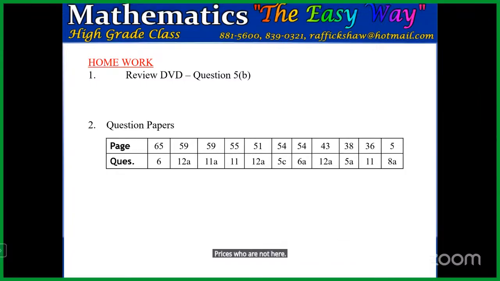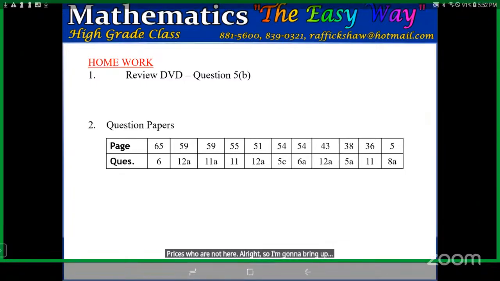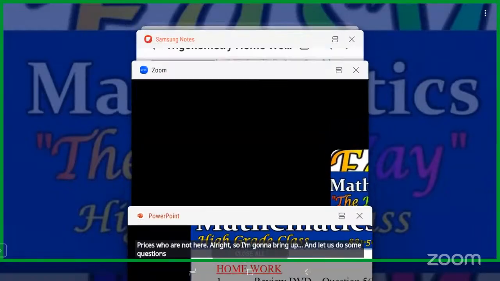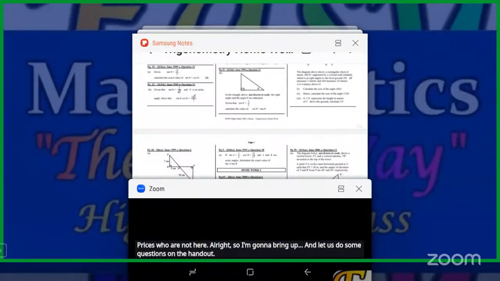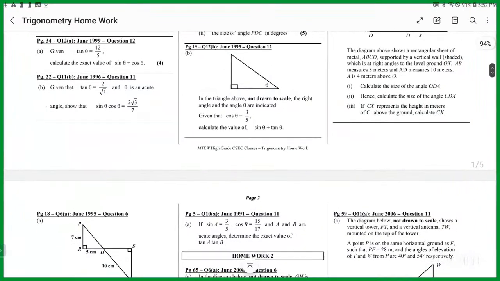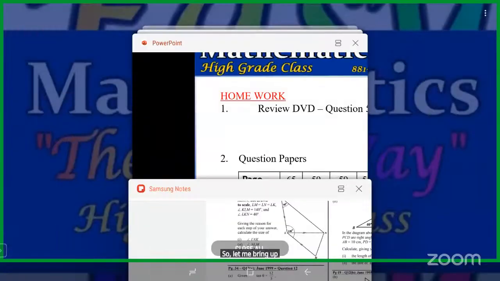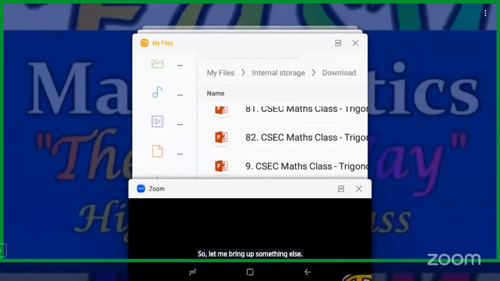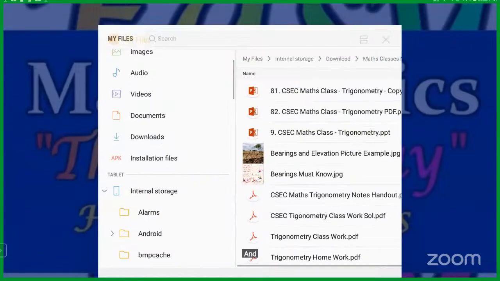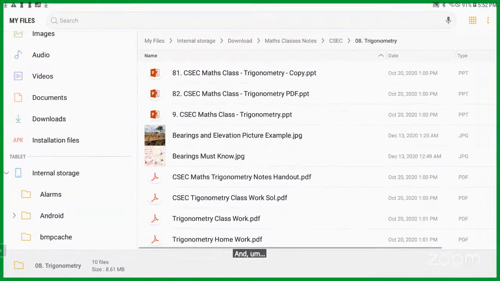So I'm going to bring up and let us do some questions from the handout. I have it on the screen here. This is in the homework section of the handout. So let me bring up something else that we can work with.